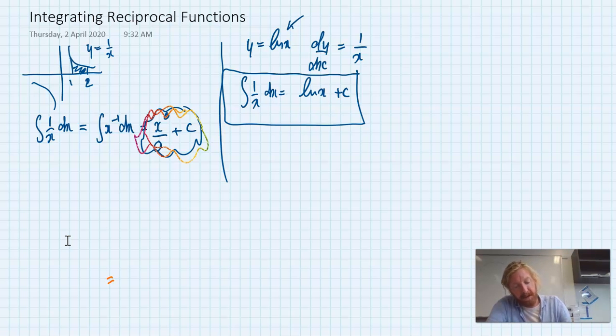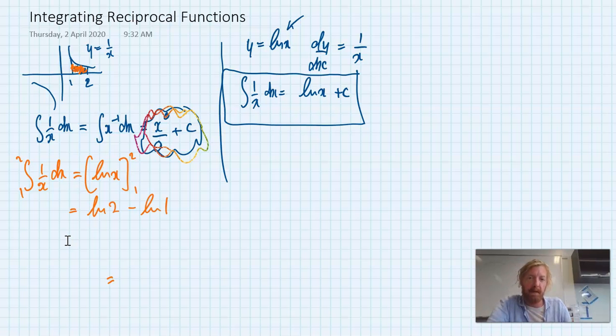So I can go back to this example over here. We can say, well, to find this area here, from 1 to 2, the integral of 1 on x dx equals ln x from 1 to 2, which equals ln 2 minus ln 1.